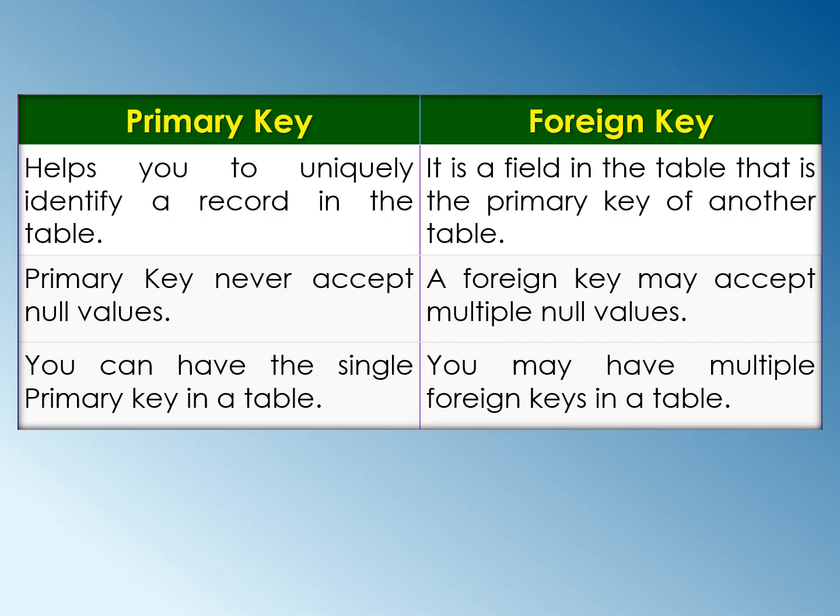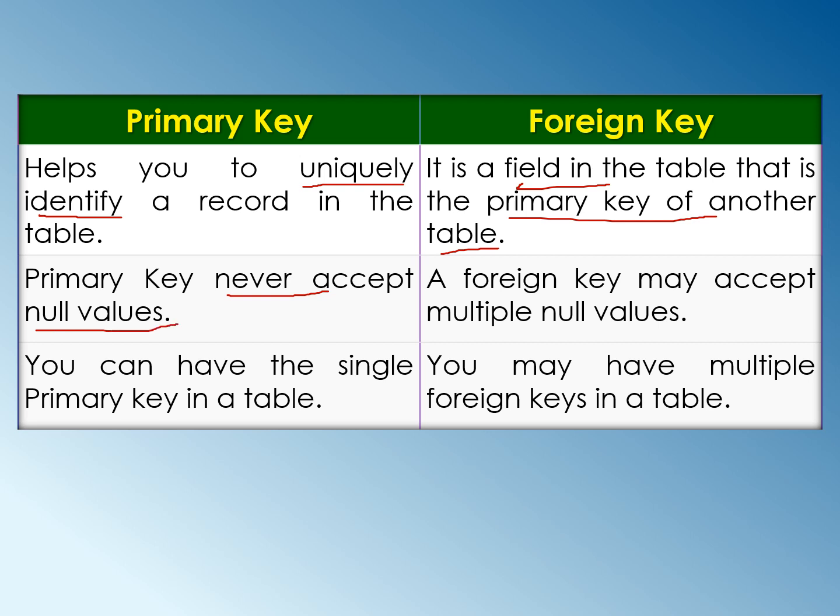Now this is a very frequently asked question, difference between primary key and foreign key. Please understand that first and foremost difference: a primary key helps you to uniquely identify a record within a table, whereas the foreign key is a field that is the primary key of another table, right? Primary key will never accept null values.